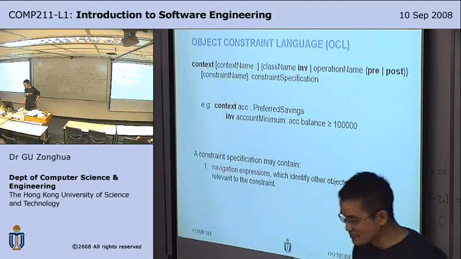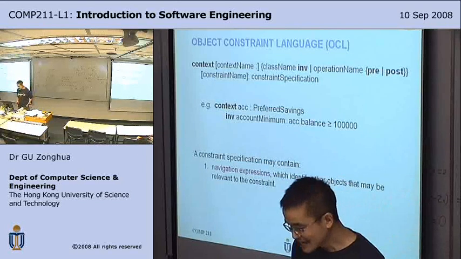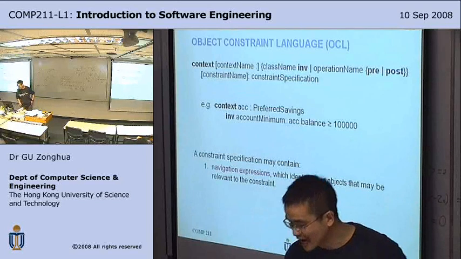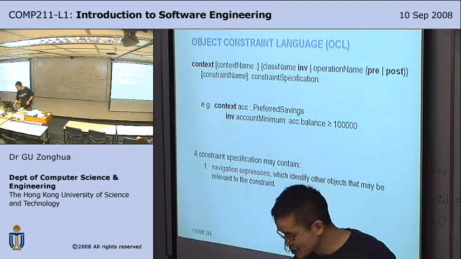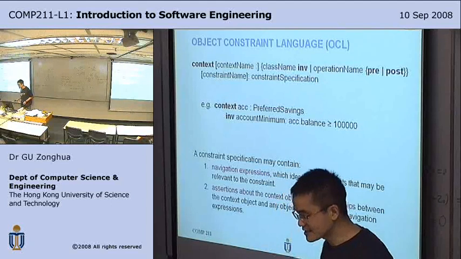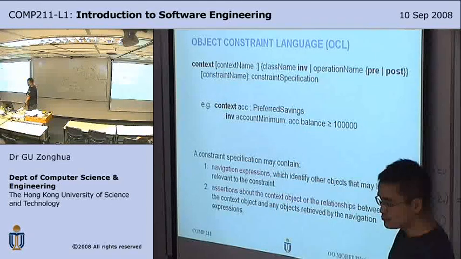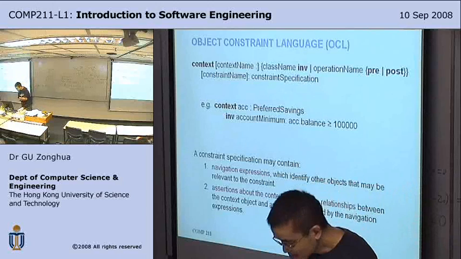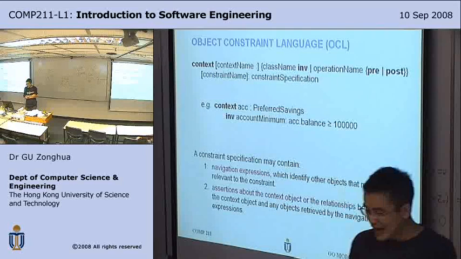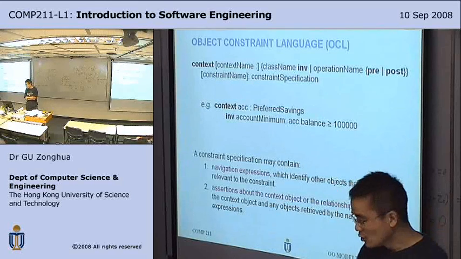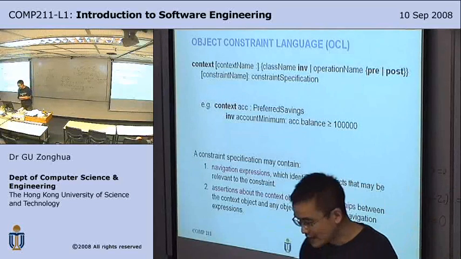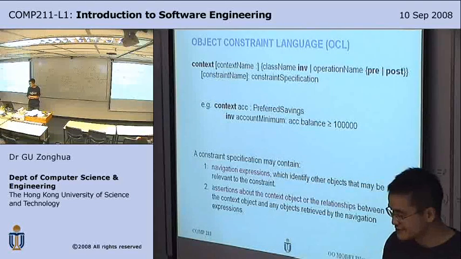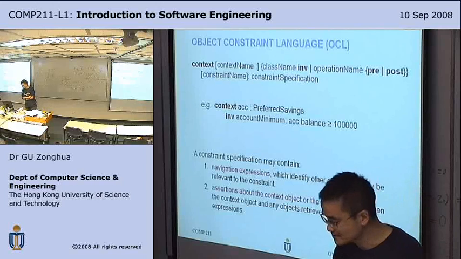Constraint specification may contain navigation expressions which identify other objects that may be relevant to this constraint. So for this example, there's no navigation, but there will be next. And assertions about the context object or the relationships between the context object and any objects retrieved by the navigation expressions.